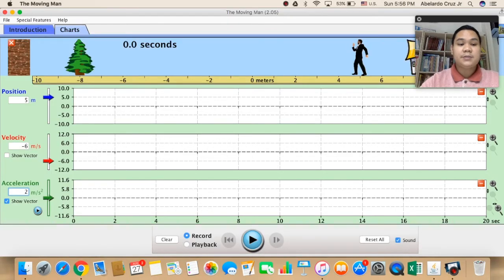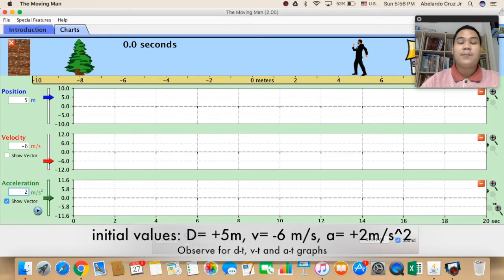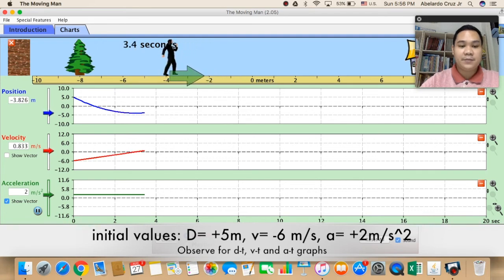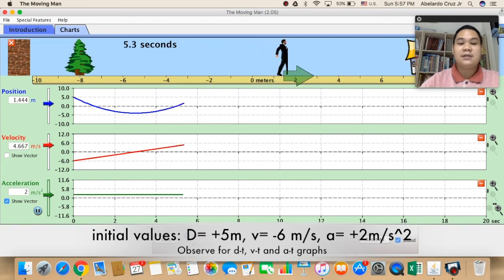Now, this time let's try to observe if we have positive acceleration and negative velocity. Let's try to see what will happen. Let's play. Now, we could observe that in a position time graph, it is being curved in a negative manner. And then afterwards, it becomes positively curved.